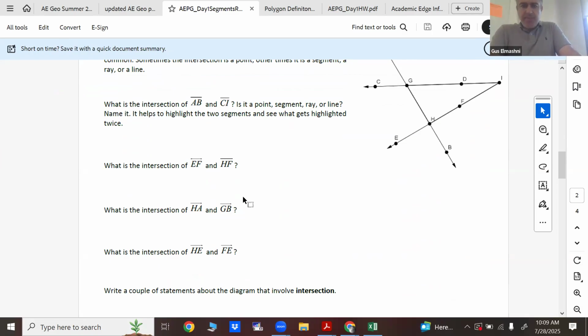HA and GB, HE and FE, and then write a couple statements about the diagram that involve intersections. I'll pause my screen, and we'll compare in a moment. The order won't matter for a segment.